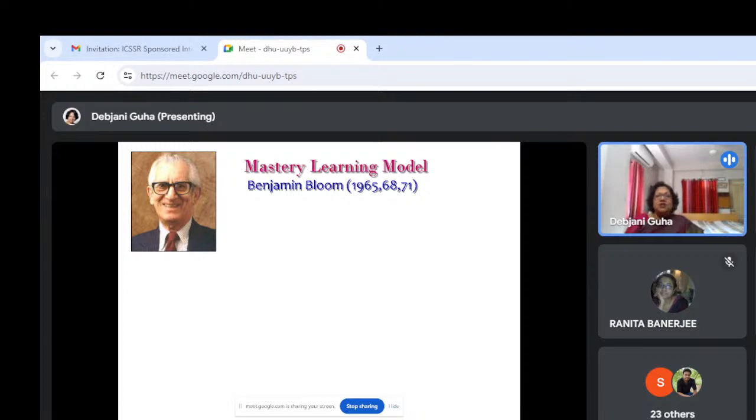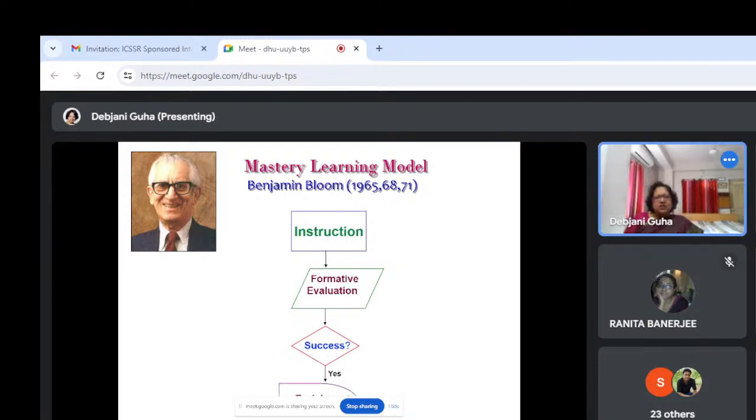We all know the name of Bloom's mastery learning model, where Bloom said that first instruction will be provided to the learners, then formative evaluation. After that, if they are successful, they will be provided with enrichment activities, and if not, then corrective activities and instruction will be provided to them, then formative evaluation, and after that the feedback.